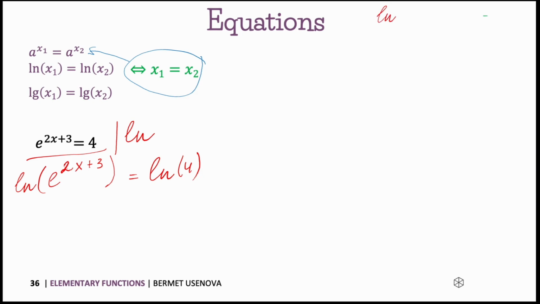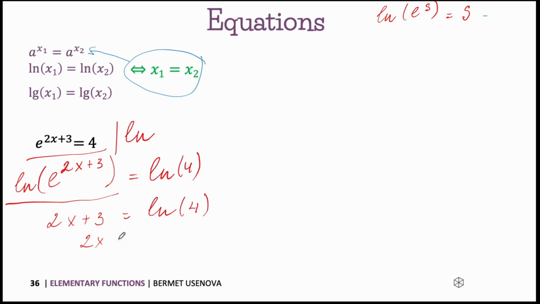And again, I will write down in the corner the definition of the logarithm. So it means that this expression here will equal 2x plus 3, right? It will equal the natural logarithm of 4. After that, we can just solve it as a normal equation.